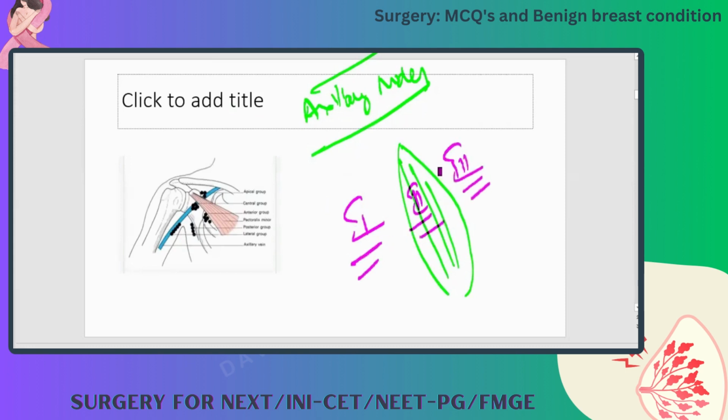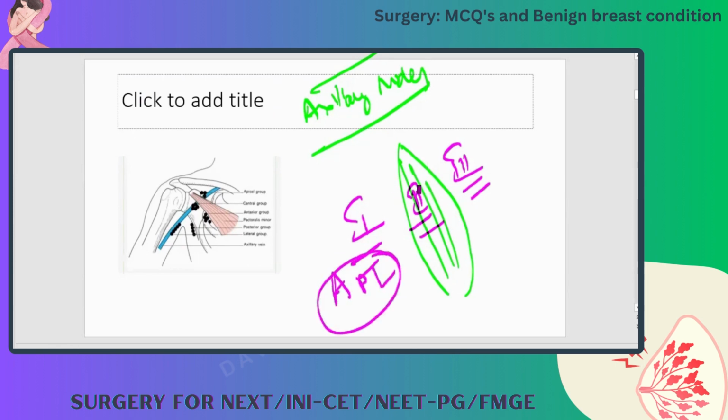What does level 1 include? Which lymph nodes are involved in level 1? Anterior, posterior and lateral. Very good. So level 1 is anterior, posterior, and lateral.